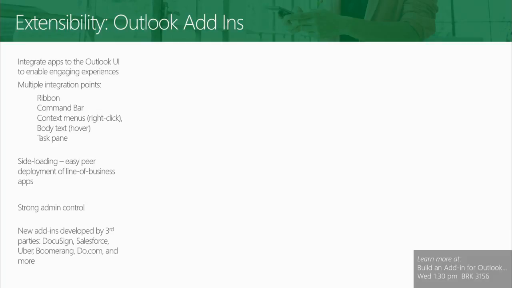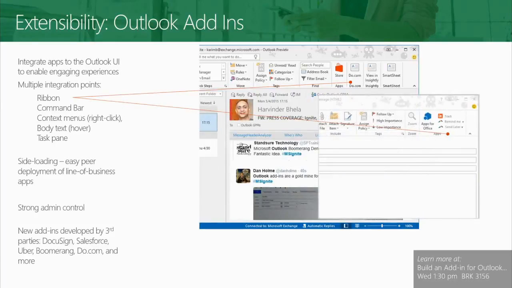You might have seen a couple of examples of those with the Uber app and perhaps some of the DocuSign, Boomerang, Do.com stuff over the last few days and including last week at Build. These apps allow app developers and in fact line of business developers to integrate with Outlook and deliver a fairly engaging experience. In 2016, what we've done is add additional integration points for those applications.